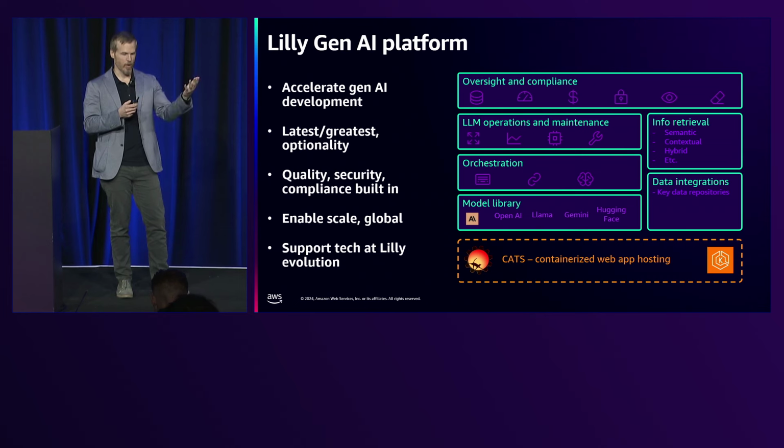I mentioned quality, security, compliance built in. And then because we've built this on AWS, on EKS, it's very scalable. So we've had use cases that have gone from small early testing to deployed globally without having major issues or downtime and not requiring a ton of work from the teams actually doing the development.